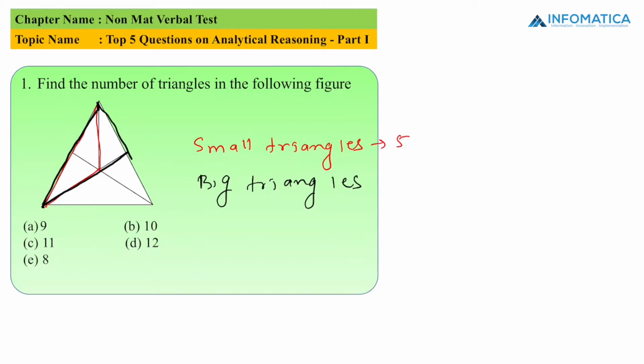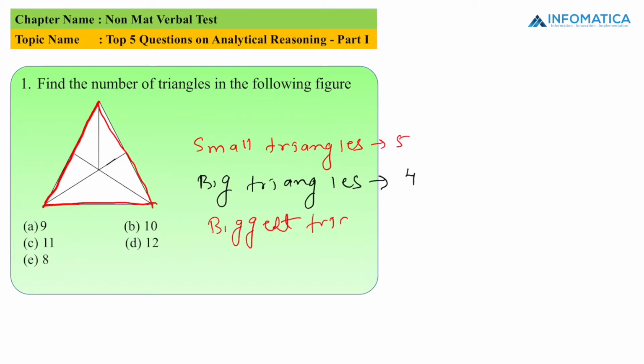Similarly, we go for the other 2 triangles. This is number 1 and the next one is number 2. So we have 4 big triangles. Then we go for the biggest triangle, and that is just 1.